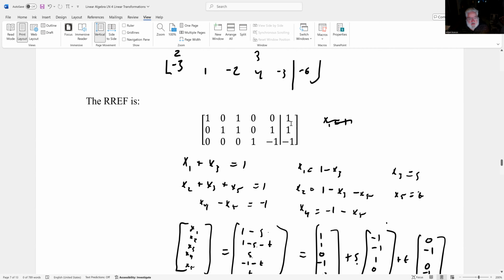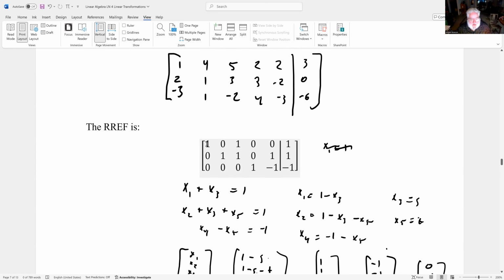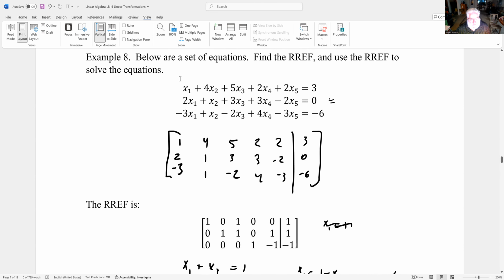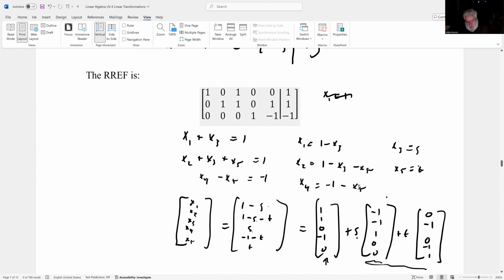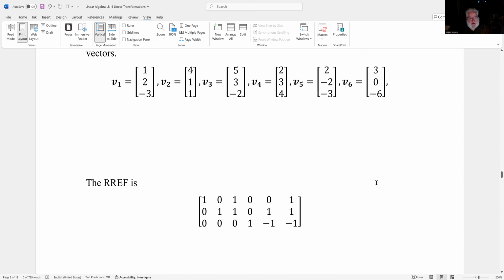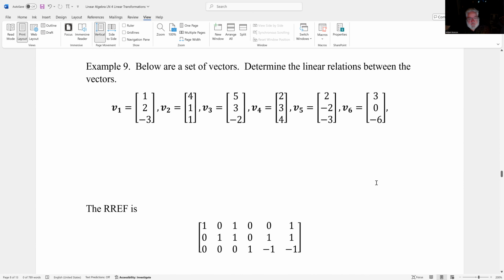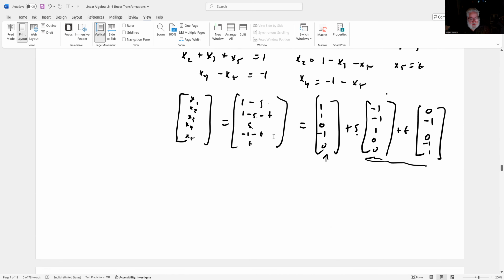So if we write this as a solution, then if we want to think about this set of equations, we get this RREF, and the RREF can be turned back into equations, and that gives us all the solutions. So for a set of vectors, what are the linear relationships between the vectors? Well, this is the same batch that we get here, actually.